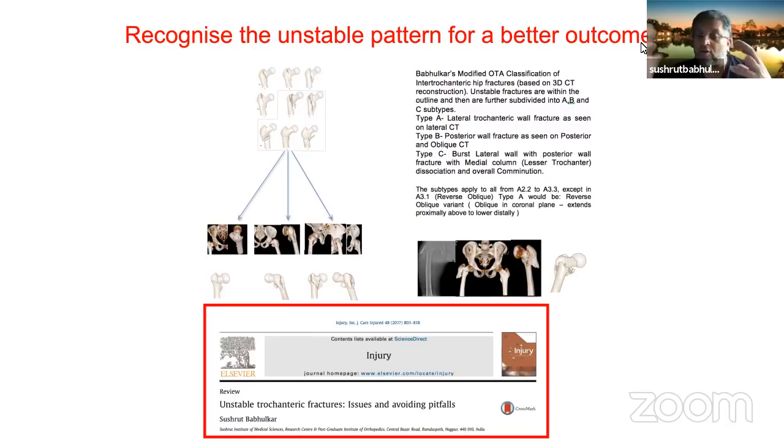When there is anterior comminution, posterior comminution, and a deficient lateral wall, that becomes the worst variety, wherein whatever you do, without augmentation and putting the osteomuscular sleeve together, the primary implant will walk away very easily. So to identify that is the importance of CT. That's why we have classified 31.2 to 31.3, all these 5 varieties, into types A, B, and C based on the CT. Thank you.